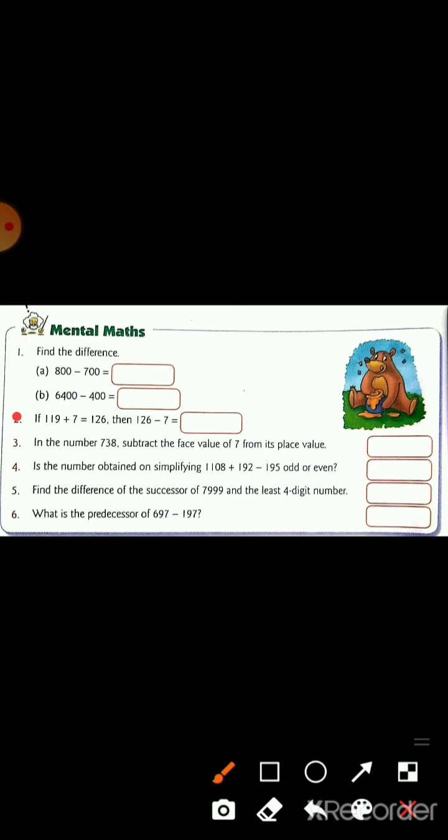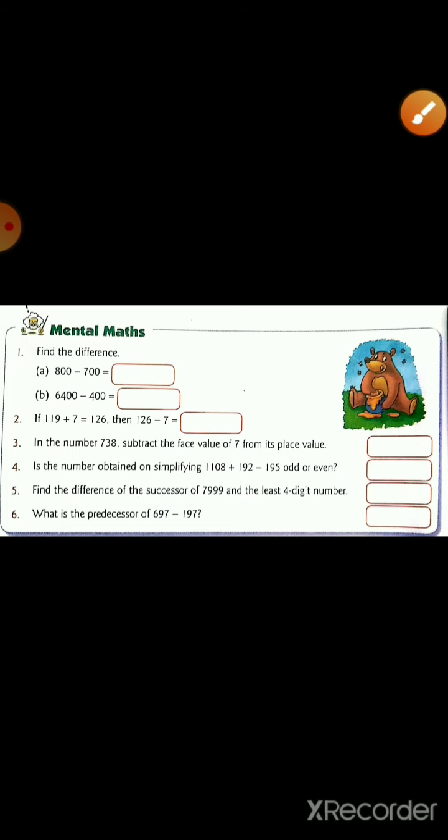If you subtract 7 from 126, you remove the 7 you added. Obviously 119, because if you add here, it equals this much, and if you remove the 7, then it's equal to 119.